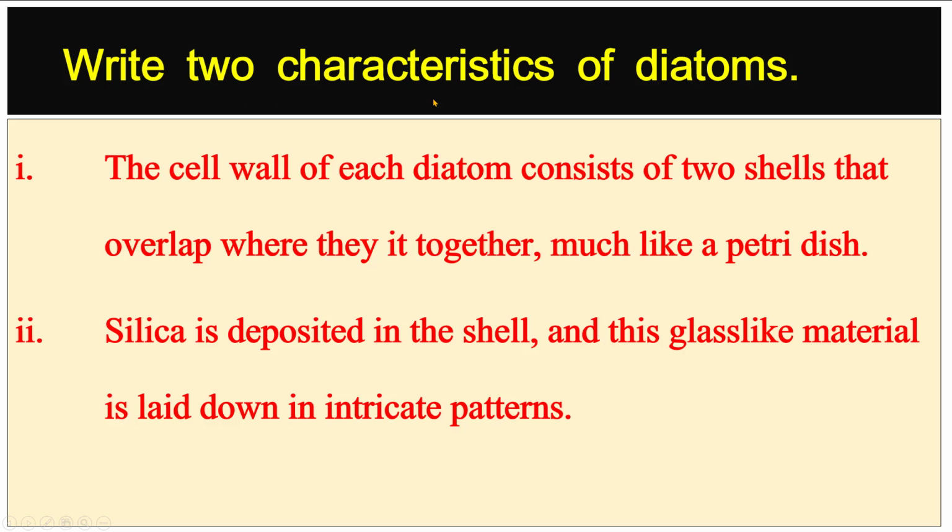Write 2 characteristics of diatoms. The cell wall of each diatom consists of 2 shells that overlap where they are together, much like a petri dish. Number 2. Silica is deposited in the shell, and this glass-like material is laid down in intricate patterns.